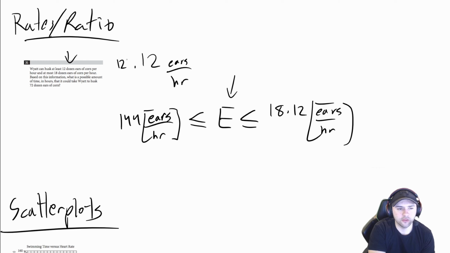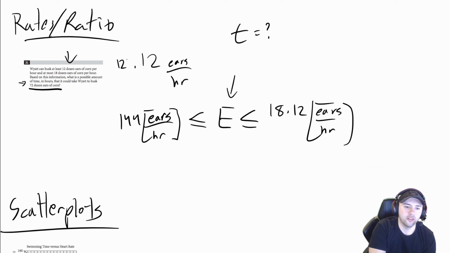And it says, based on this information, what's a possible amount of time? So we're looking for time T in hours that it could take Wyatt to husk 72 dozen ears of corn. So if we know that he's going to do 72 dozen ears of corn, then basically we're saying if we multiply this times T and this times T, then this number would be 72 dozen.